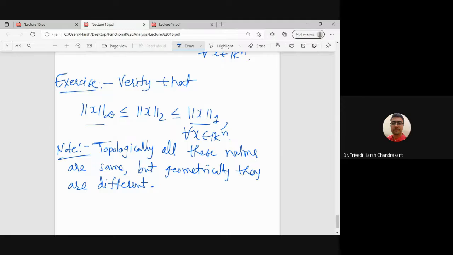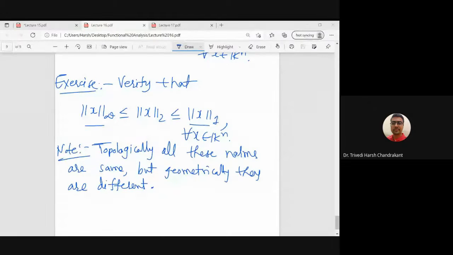Why are they geometrically different? Because if you recall, we have drawn the unit ball of all these three norms, right? In the Euclidean norm, the open unit disk is the interior of the unit circle. In the one norm, it was a diamond shape, and in the infinity norm, it was a square. So that is why these norms are geometrically different, because unit balls have different shapes.